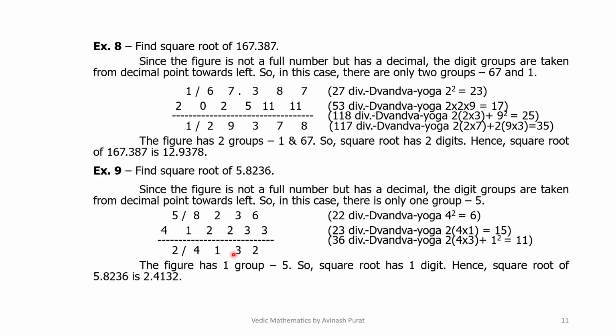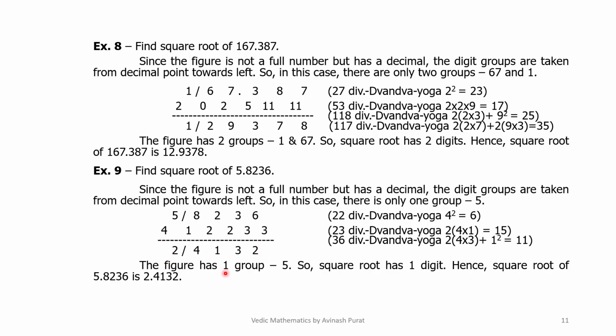And Dvandva yoga is 2 into 4 into 3, that is 12 into 2, 24, plus 1 square, 1, 25. 36 minus 25 is 11. So 11 divided by 4 is 2 quotient and 3 is remainder.